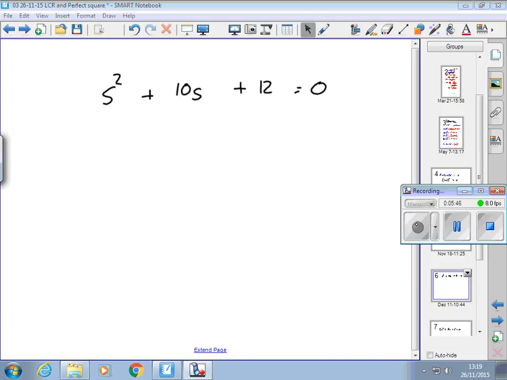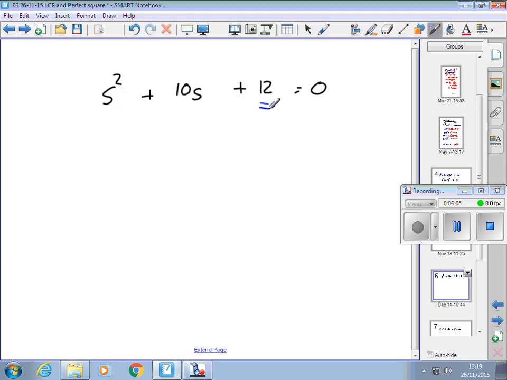Let's look at this one. Is the left-hand side a perfect square? Okay. What does this number need to be to make it a perfect square? Right.